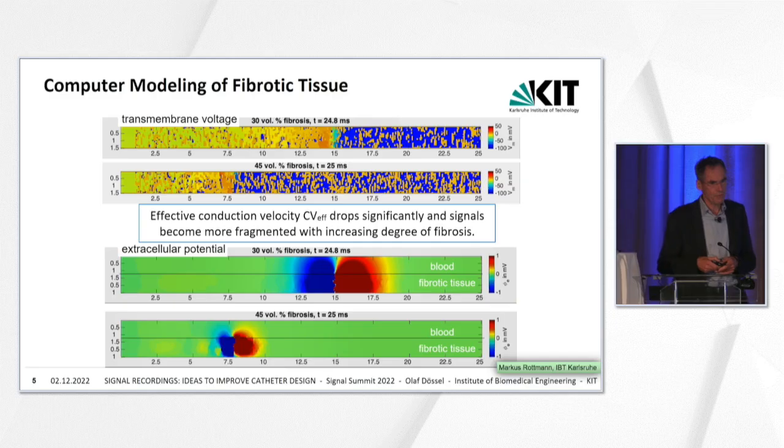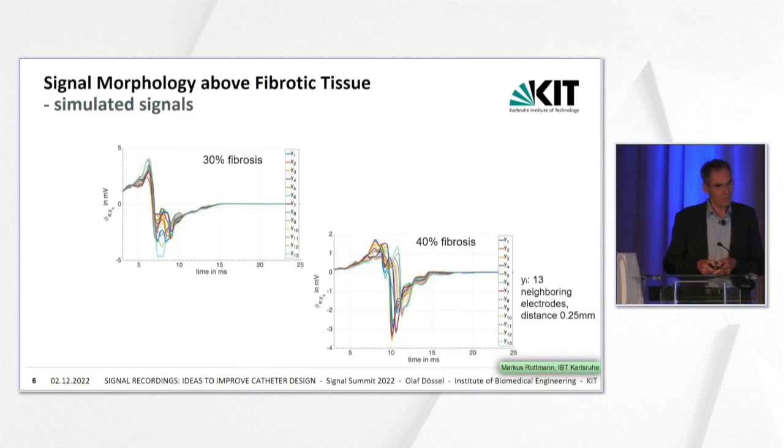The effective conduction velocity drops significantly, and the signals become more fragmented with increasing degree of fibrosis. I constantly use the term effective conduction velocity because we had this discussion in the last session that there is a real conduction velocity through the viable tissue and an effective one for the whole tissue, and I always refer here to the effective conduction velocity.